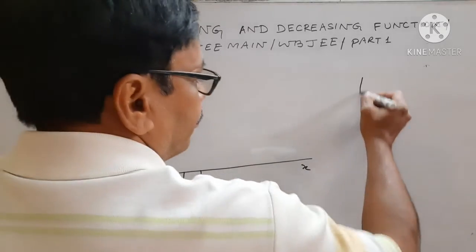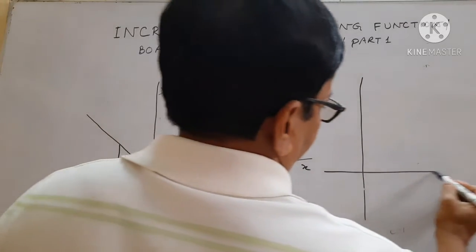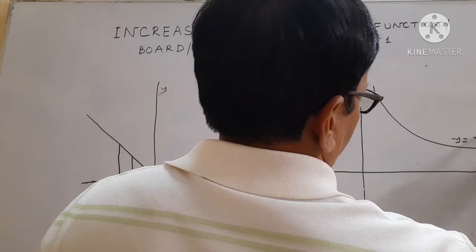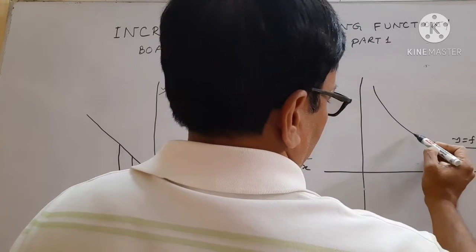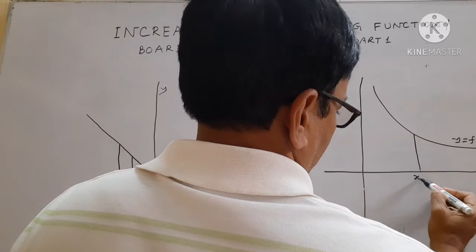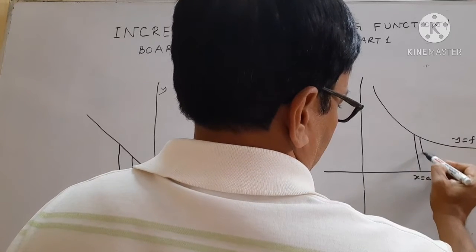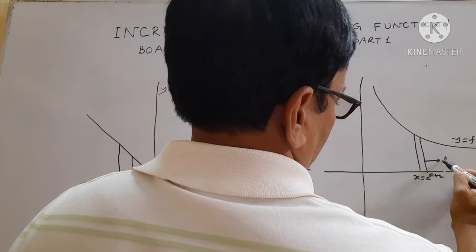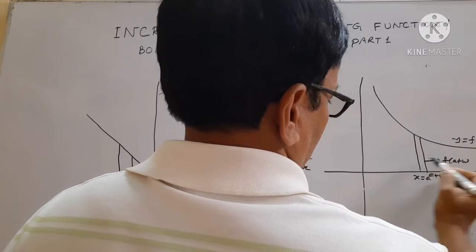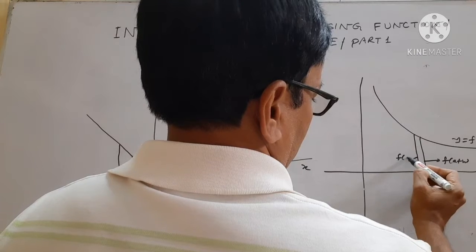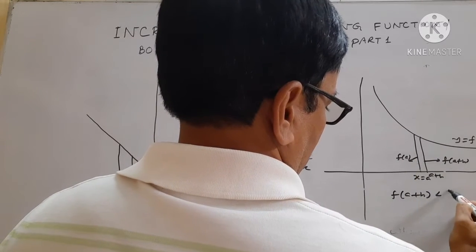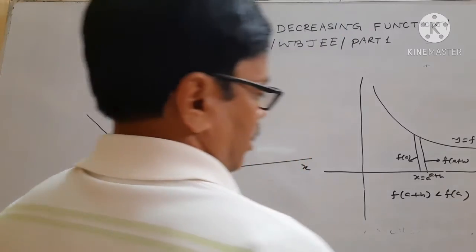Now, if we get a figure like this one, y equals f(x), this is x equals a, this is a plus h, so f(a plus h), and this is f(a). So here f(a plus h) is less than f(a).